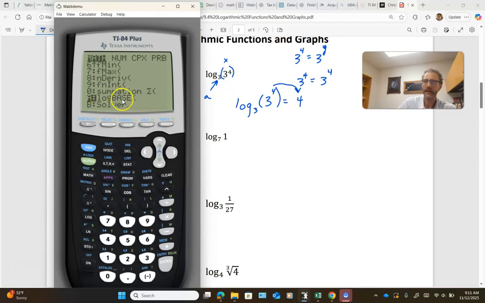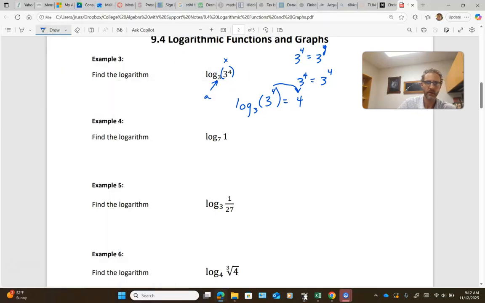This just will allow you to type in your own base. So when I do that, I can type in my base of 3, and then this, by the way, is called the argument of the logarithm, and it's 3 to the 4th power. And then you can check it, and you'll get 4.